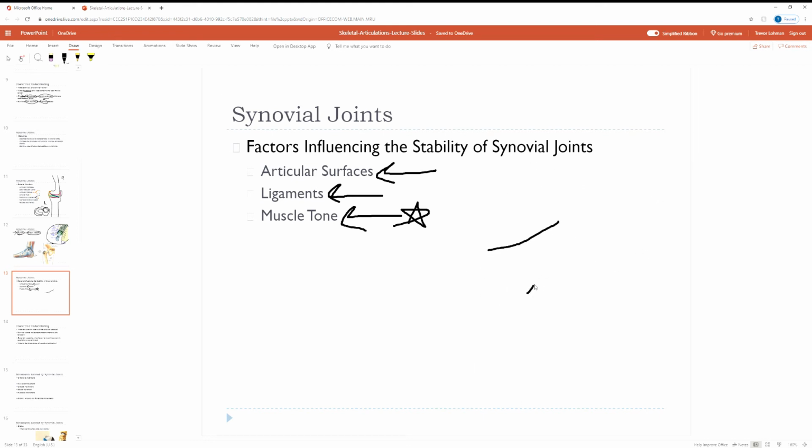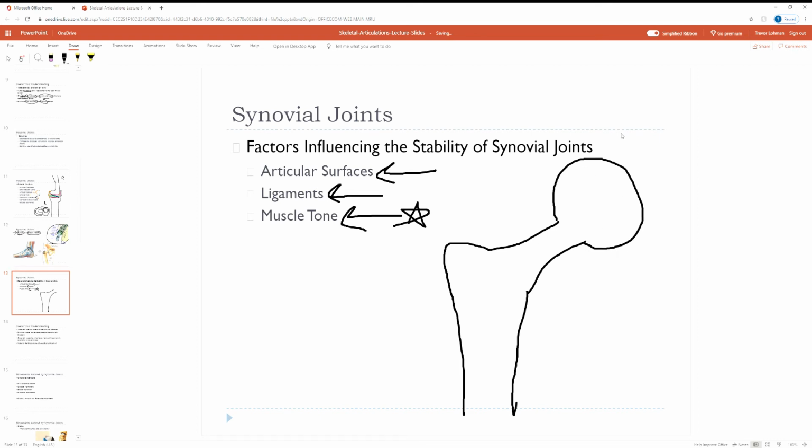So here's our femur, head of the femur. The acetabulum, including the labrum, comes way past almost the equator of the femoral head. So it's a very congruent, very stable joint.